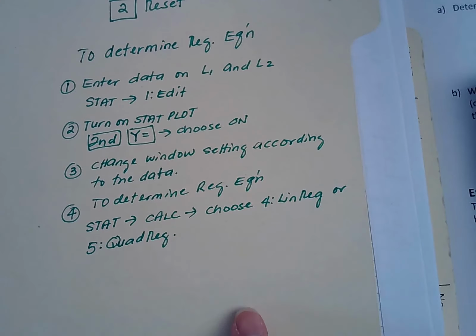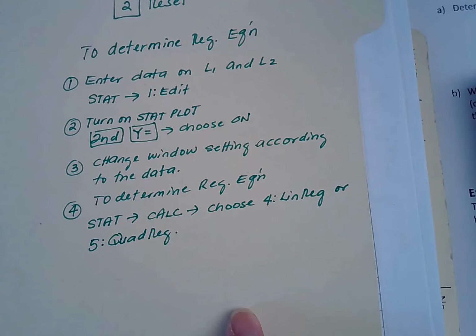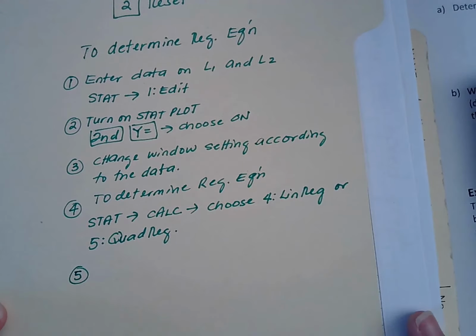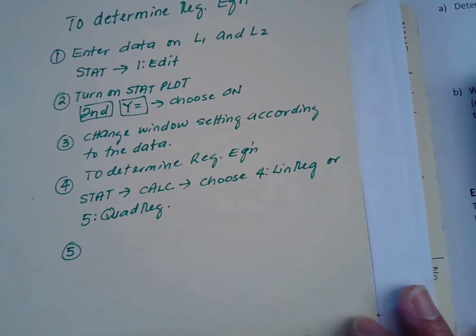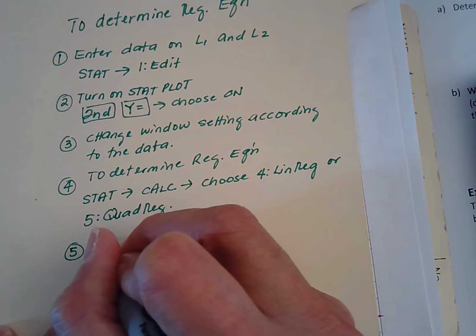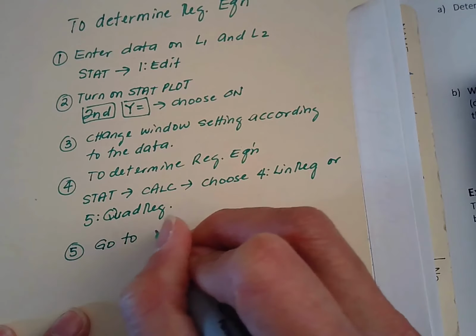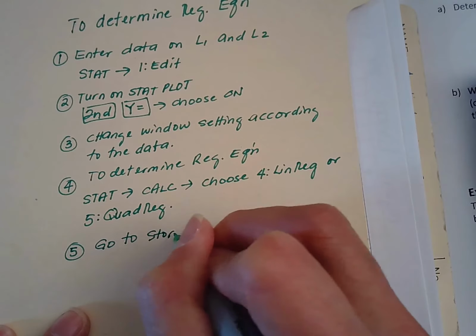Now that we've chosen either linear or quadratic, because those are the only two that we're really gonna do, number 5, step 5, is to go to store reg.